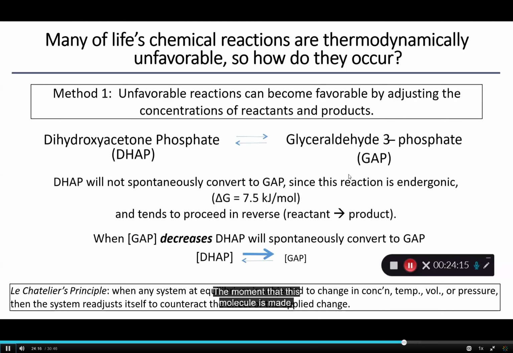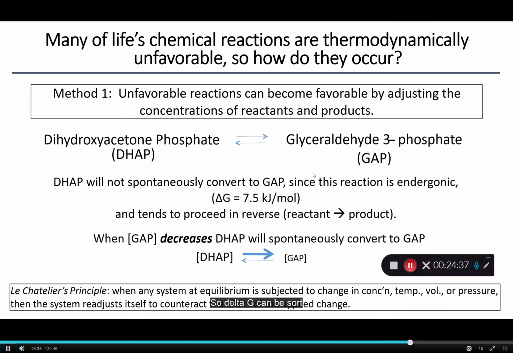The moment that this molecule is made, it's almost immediately consumed by the next enzyme in the pathway. Because GAP is so readily consumed, the concentration of GAP is almost always really, really low. And that means that DHAP is always much higher than GAP.